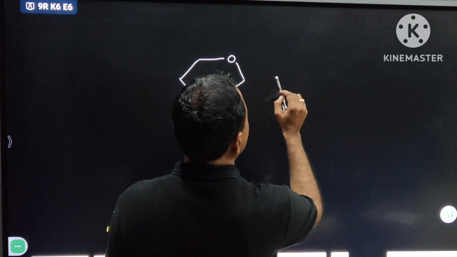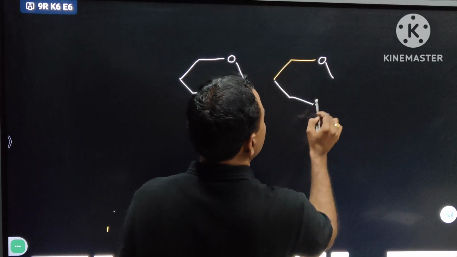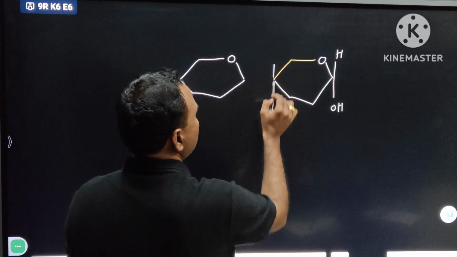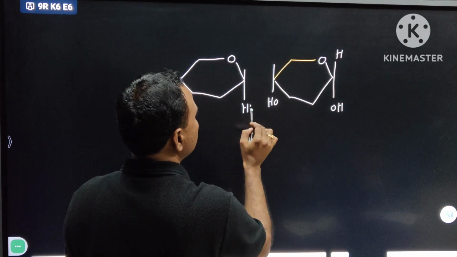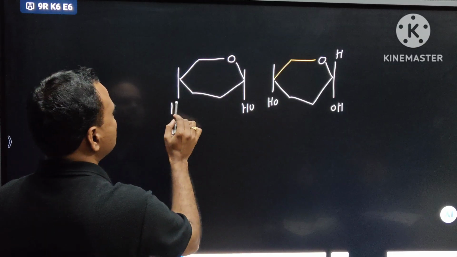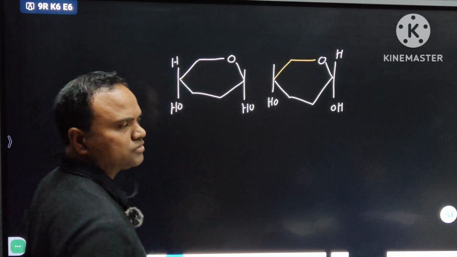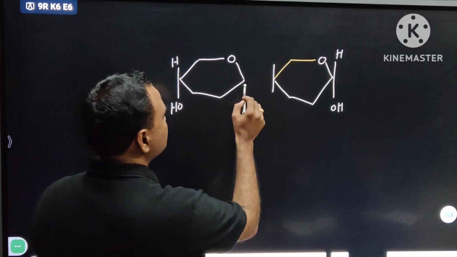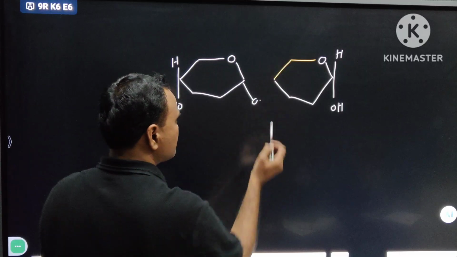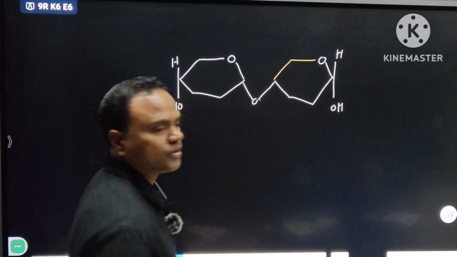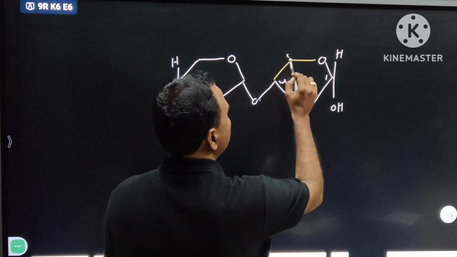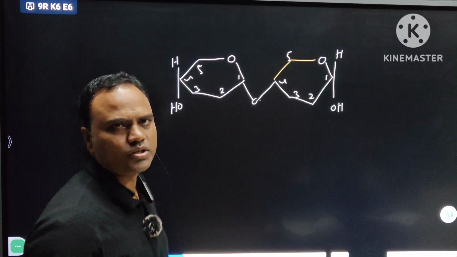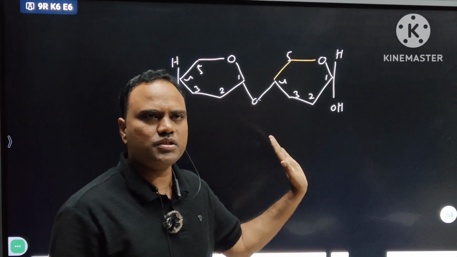To understand the link, OH, H, here OH, OH, OH, H. So between these two, C1 C4 link, right? If you give the number 1 2 3 4 5, the sixth carbon is CH2. So one C1 C4 link, right?